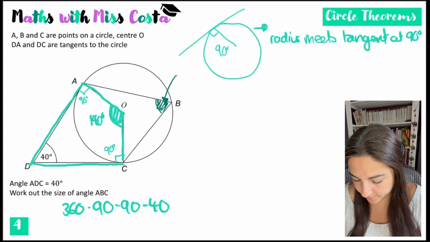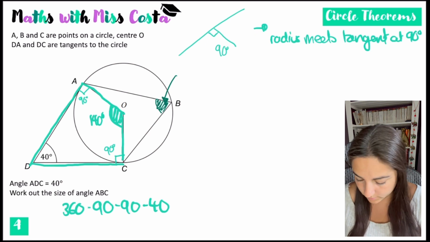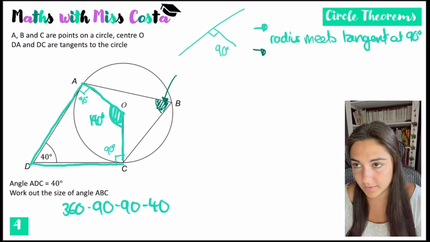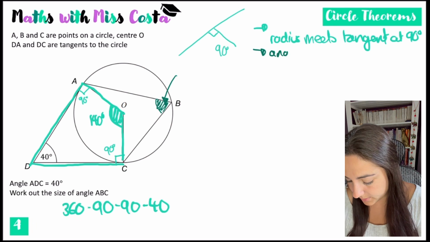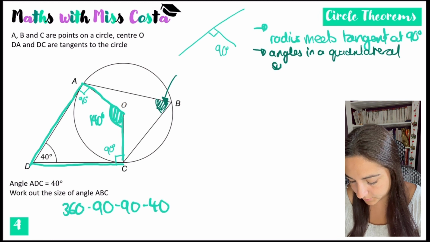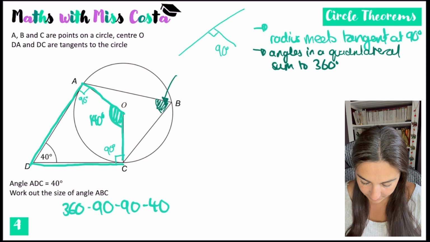And you'd say your next circle theorem would be, what did I just say? Angles in a quadrilateral sum to 360. So we know that this angle here is 140.